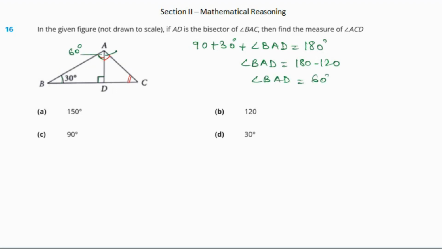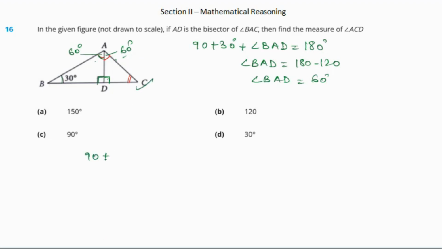And if this angle is 60 degrees, then this angle also needs to be 60 degrees, because AD is the bisector of BAC, which means BAC will be divided into equal parts. Since these two parts are equal, if this is 60 degrees, this needs to be 60 degrees. Correct. Now, if this angle is 90 degrees, then this angle also needs to be 90 degrees only. And if this is 90 and this is 60, we can easily figure out the value of this.